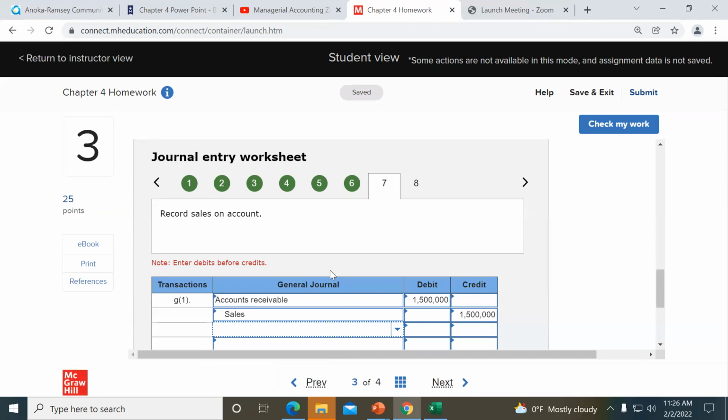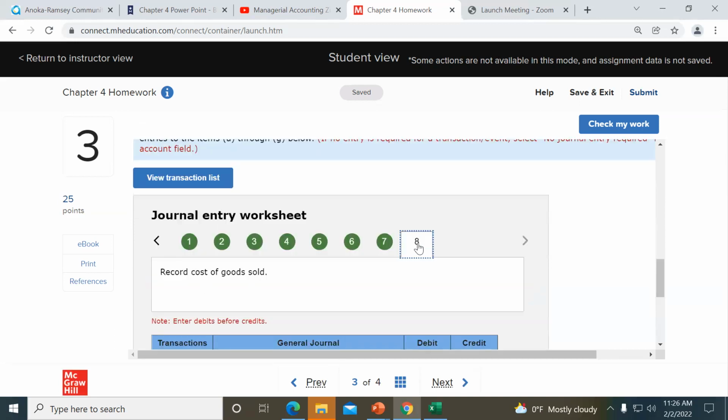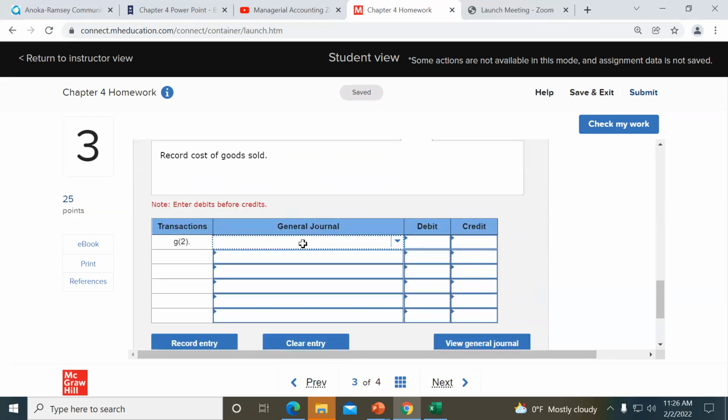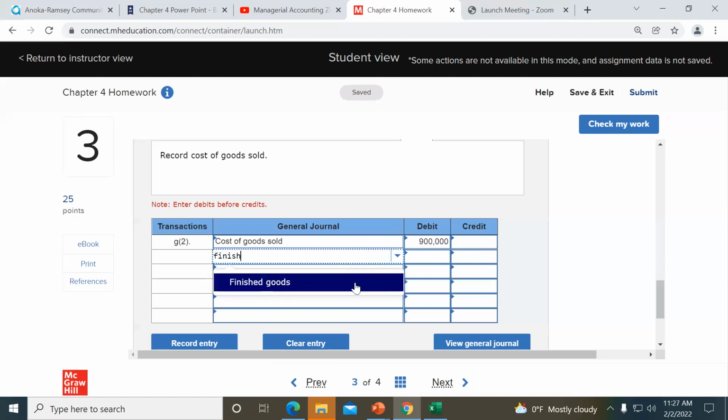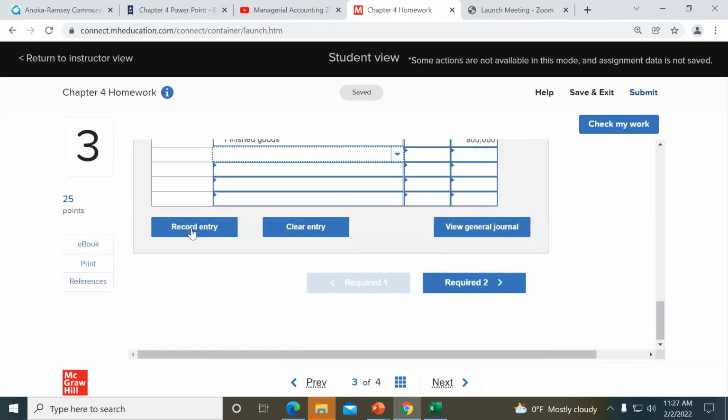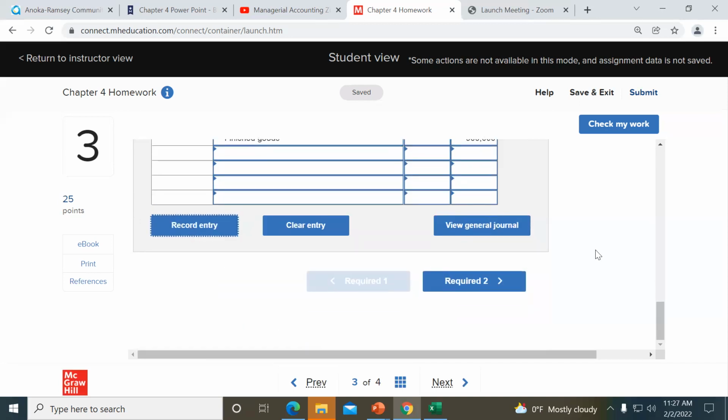Then the last thing we have to do is show the cost of goods sold, which it tells us we would debit our cost of goods sold for 900,000, and we would credit our finished goods. How you guys doing so far?